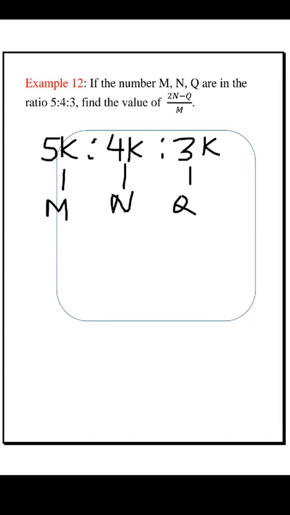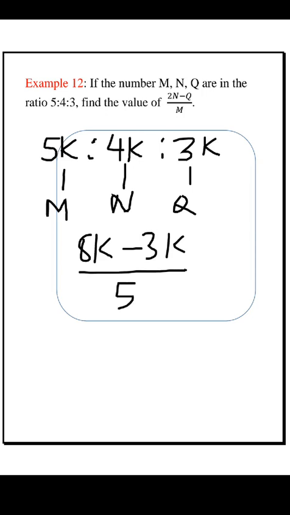The question says 2n, 2 times 4k, 8k, minus q, which is 3k, divided by m, which is 5k. If you do this, 8k minus 3k is 5k, over 5k. So that is 1. Our answer is 1.